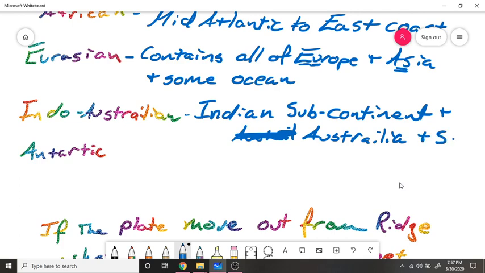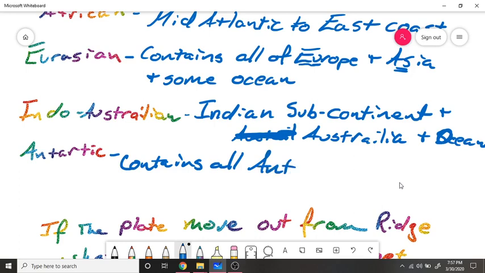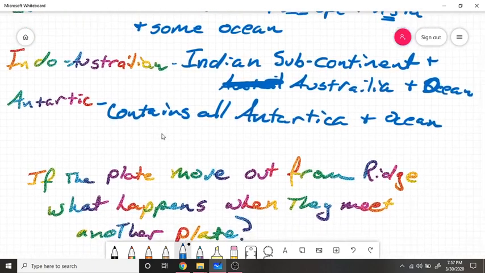And the ocean surrounding. And the Antarctic plate contains all of Antarctica, and its ocean. So these are the 7 major plates.